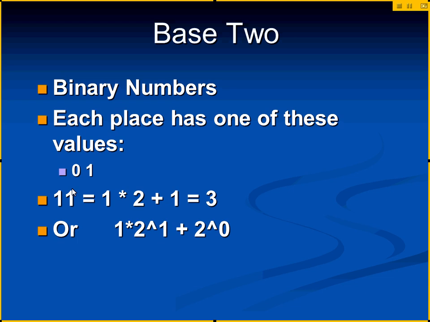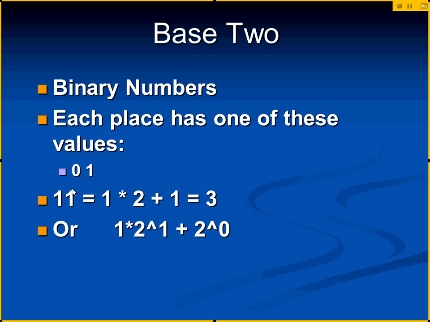2 to the 0 gives us the ones column. So the digit on the far right is in the ones column. So how many ones do I have? There's 1, 1. Now the second column is 2 to the first power. Now 10 to the first power is 10.